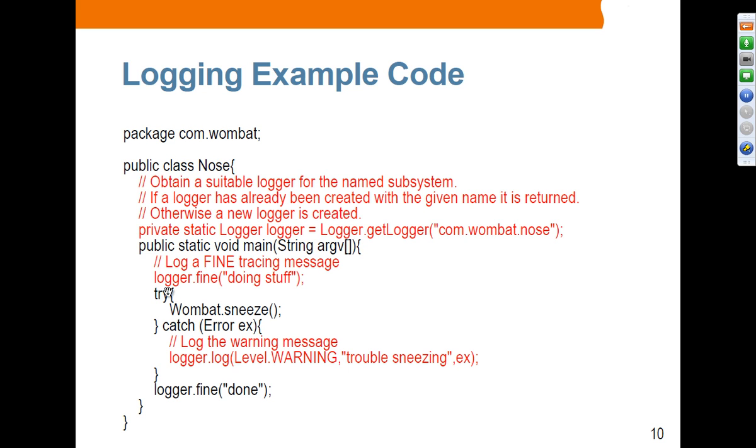Either option is okay to use for creating a log message. So if I want to write this log fine statement with this scheme, then I can say logger.log, level.FINE, comma, and then I can specify "doing stuff" or something like that.